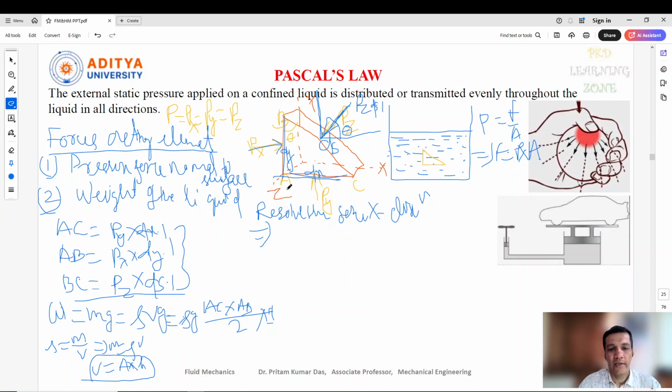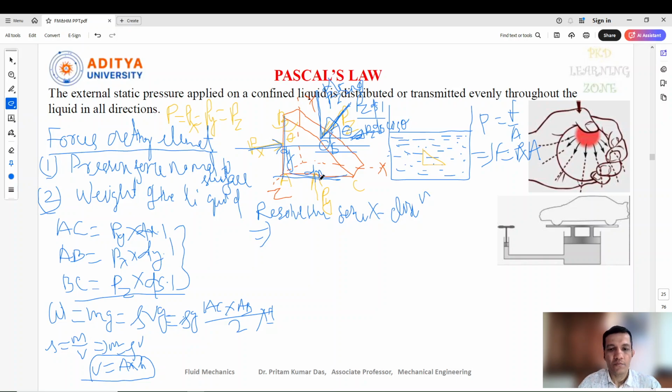The pressure force is applied in this direction, so we get the force into cos theta: Pz ds 1 cos theta. Similarly, in the y direction we get Pz ds sin theta.